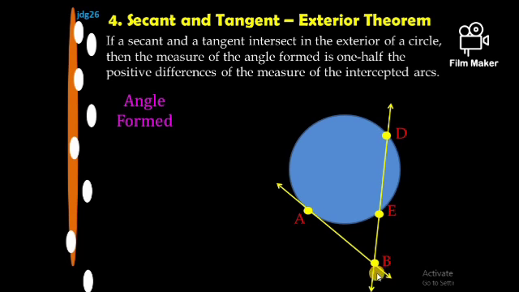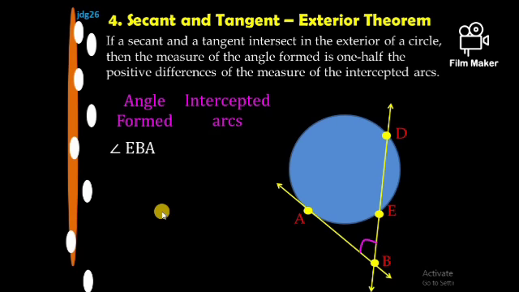And, nag-intersect sila at point B, which is outside the circle. So, the angle formed in this figure is this angle, which is named as angle EDA, or you can also use point D to name the angle. So, pwede siyang DBA. So, for now, ang gagamitin natin is angle EDA.